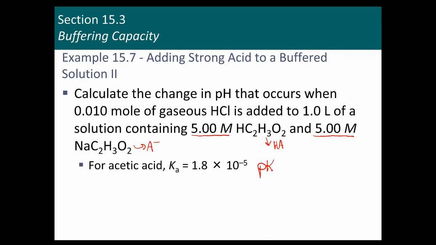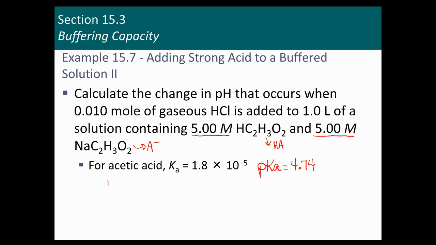And then this has the pKa of 4.74, negative log of Ka. So I'm hoping by this point in your studies that I don't have to keep showing where I get a pKa from, that you know that it's the negative log of Ka and that you can quickly calculate that. Okay, so we have this buffer with both of these components.